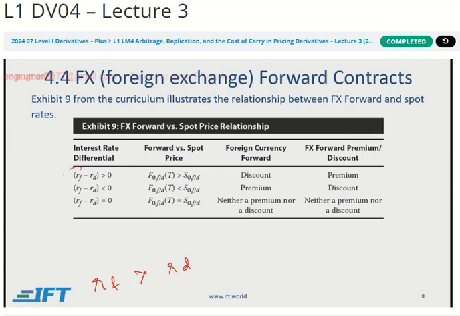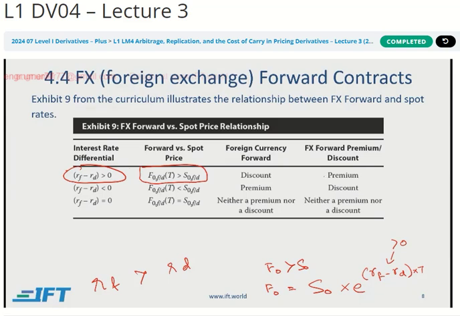Now, if your foreign currency interest rate is greater than your domestic currency interest rate, this difference is greater than zero, which means you take your spot and multiply it with e to the power (RF minus RD) multiplied by t. Since this is greater than zero, your future price will be greater than your spot price, and that is what you see over here.